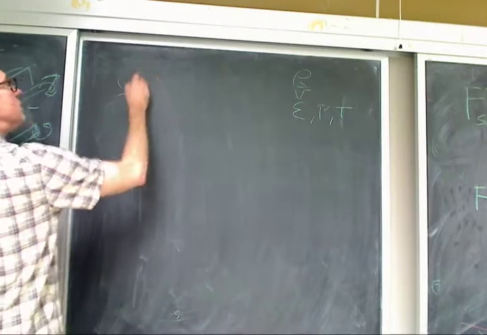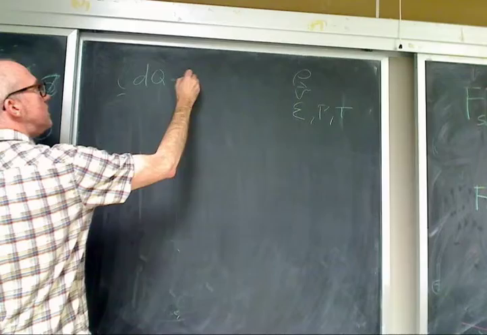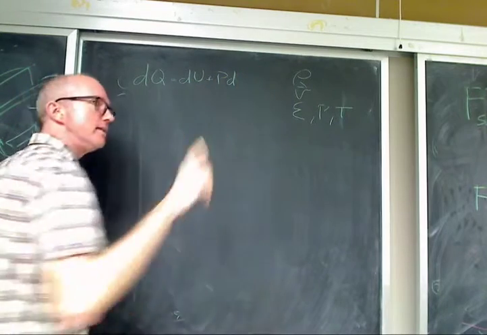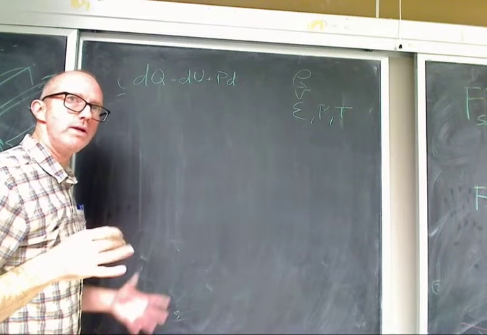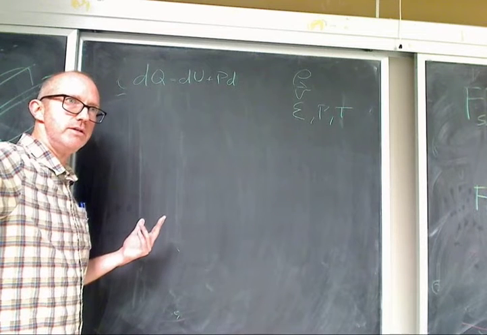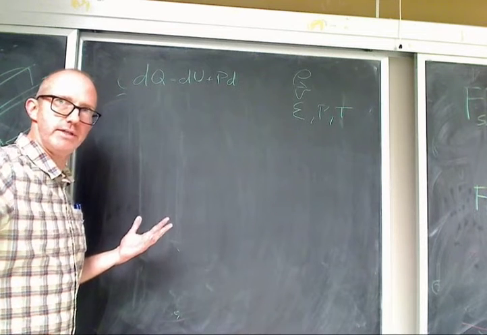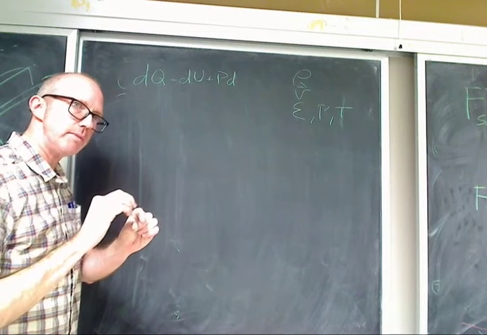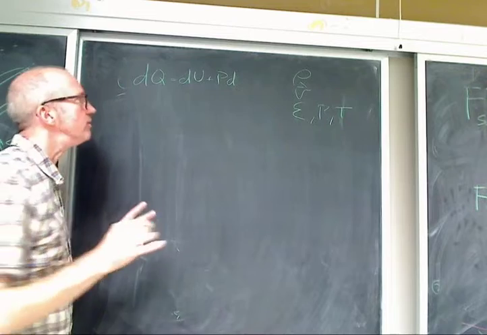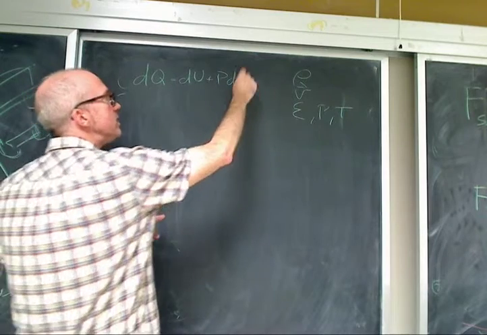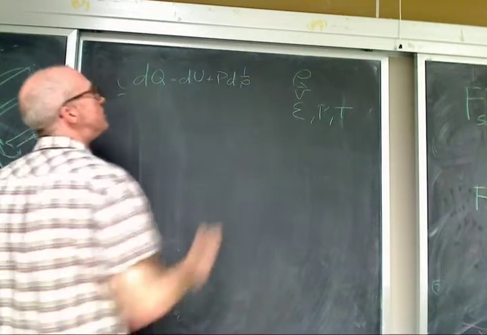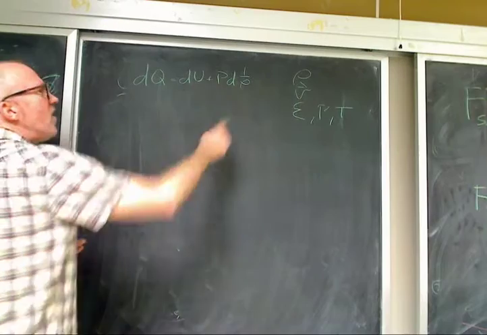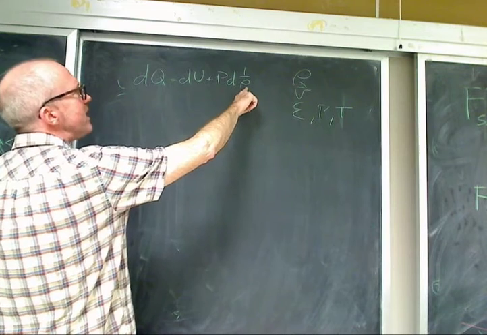So we start with dq equals du plus p dv. V is a difficult quantity because that's really about the edge of the quantity, whereas rho is about whatever the particles are doing microscopically. So I'm not going to talk about V, I'm going to talk about rho, so what I'm going to use is 1 over rho. So V is 1 over rho. Oh, I got a little mass element here, so I got to divide everything by the mass.